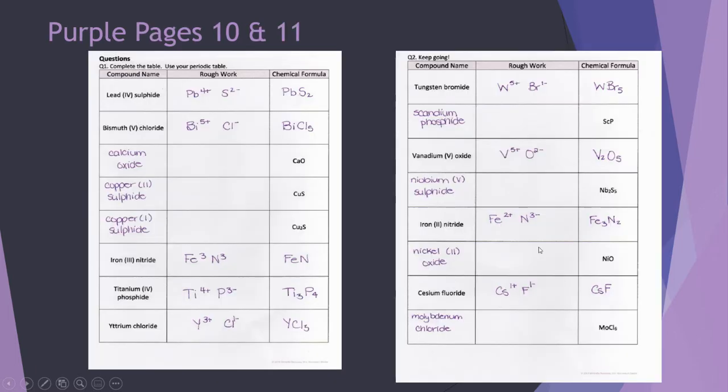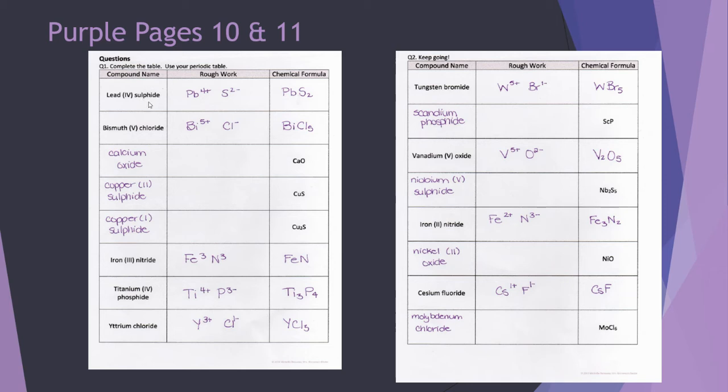And then we had pages 10 and 11. Okay, so for the first one, lead 4 sulfide, Pb with a +4 charge, sulfur has a -2 charge, and yes, I realize sulfide is spelled with the British version of sulfur.